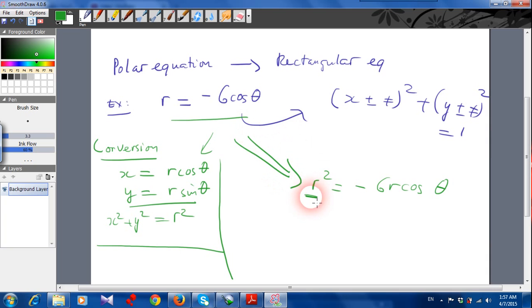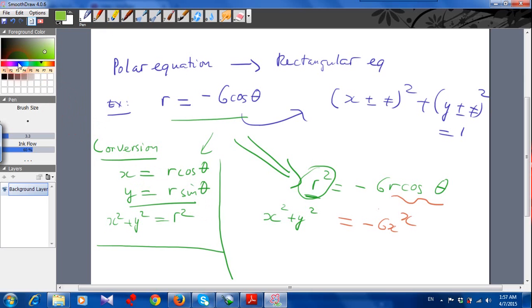So from here we have r², so we also have x² + y² is r², and this one will be x, right?